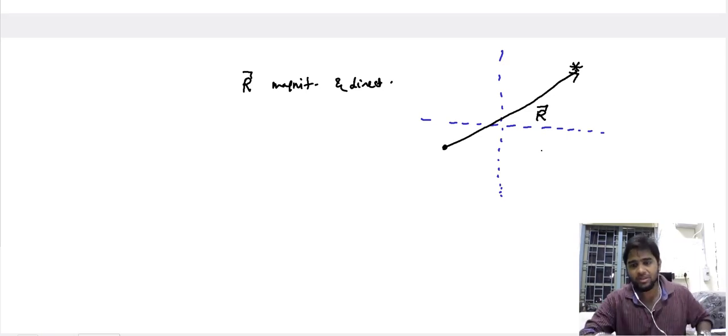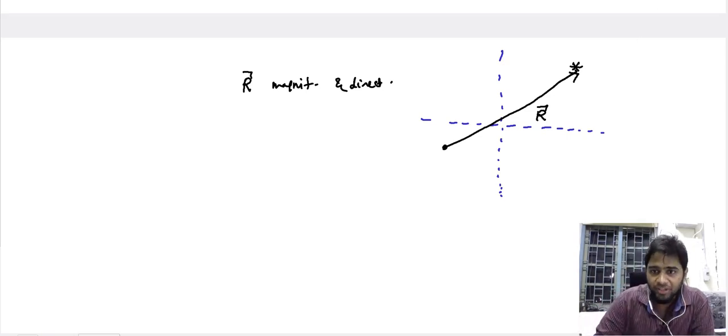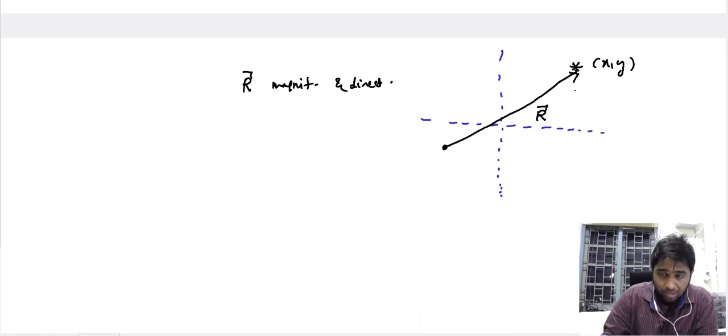This point, which can be defined using the Cartesian coordinate system, can also be used to describe this vector that dictates the position of the point.